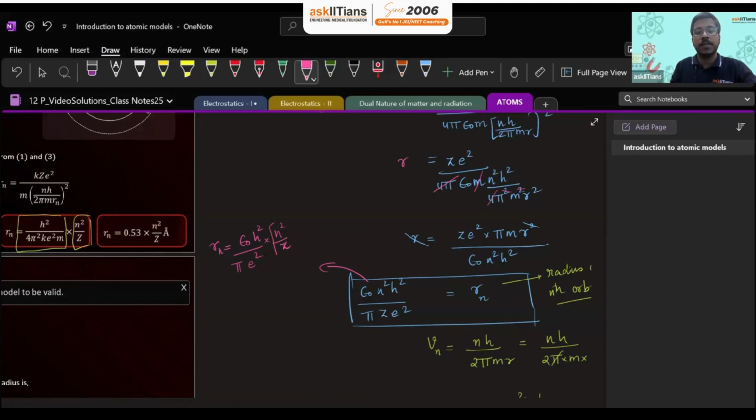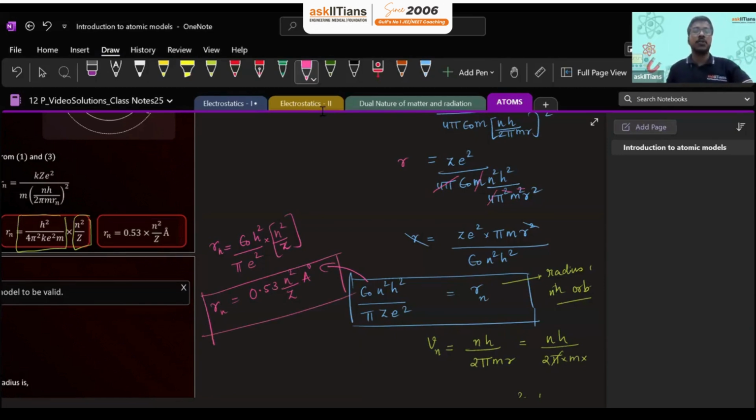So this whole term outside the bracket can be found out to be 0.53 Armstrong. So 0.53 n square by z Armstrong. This is the radius of the electron in the nth orbit.